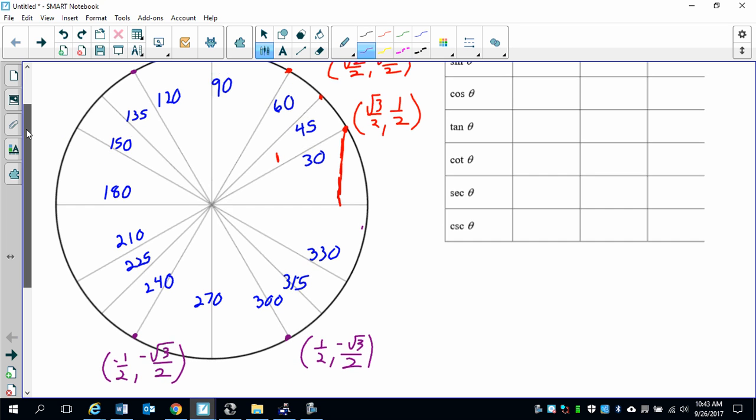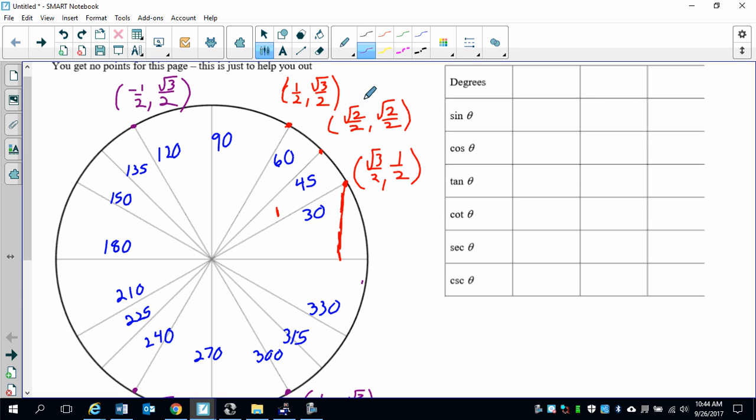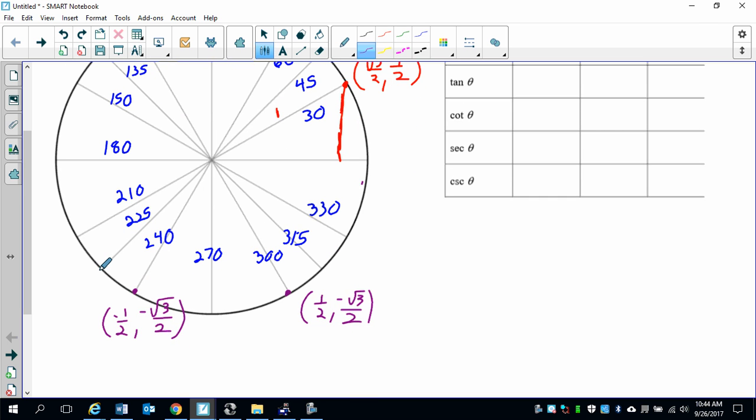Alright, so now let's go to our 45, which is not too bad. So once again, we'll just kind of go around and go to its reference angles. So right here at 135, the x is going to be negative, the y is going to be positive, okay? When we come down here, now they're both negative, okay?